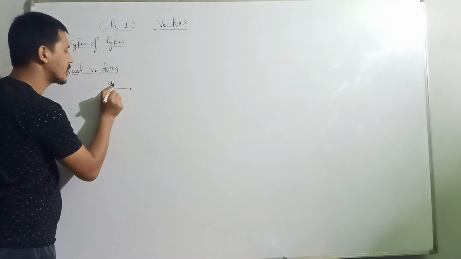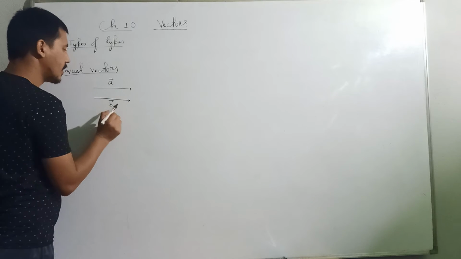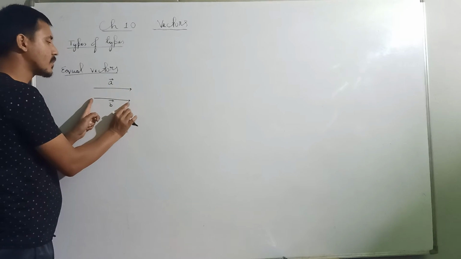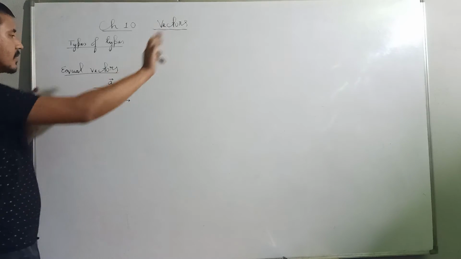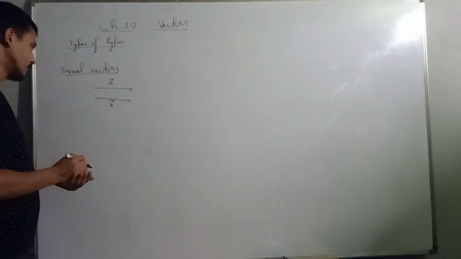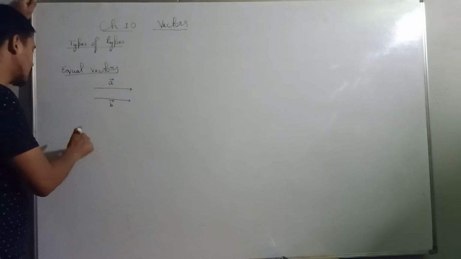Suppose this is your vector A, this is another vector B, then the length of these two vectors must be the same, magnitude should be equal, and both of them should be directed along the same way. So the vectors having same magnitude as well as same direction are known as equal vectors.